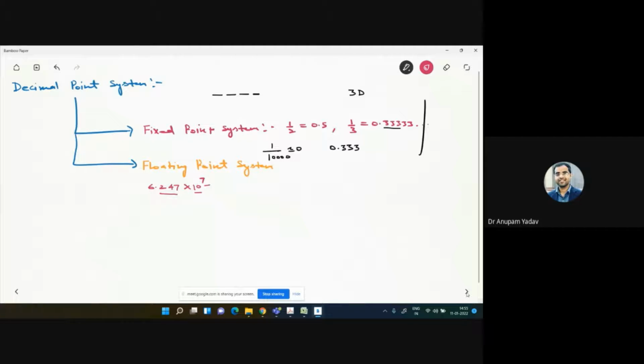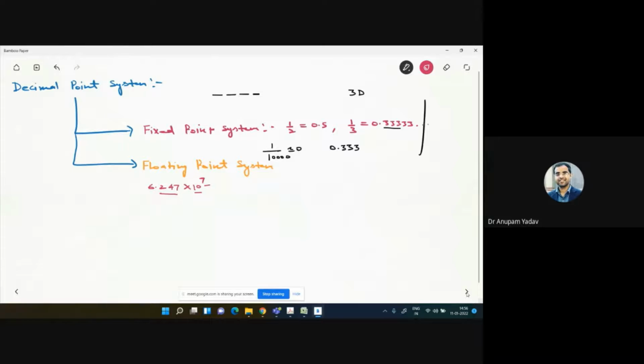But this is very useful, and our current computer systems widely use this particular type of floating point system. Basically, when we do simulation or computation, this is the widely accepted way of doing computation.